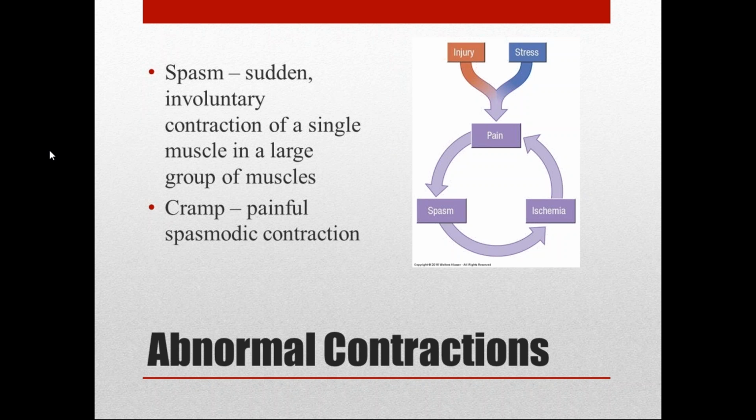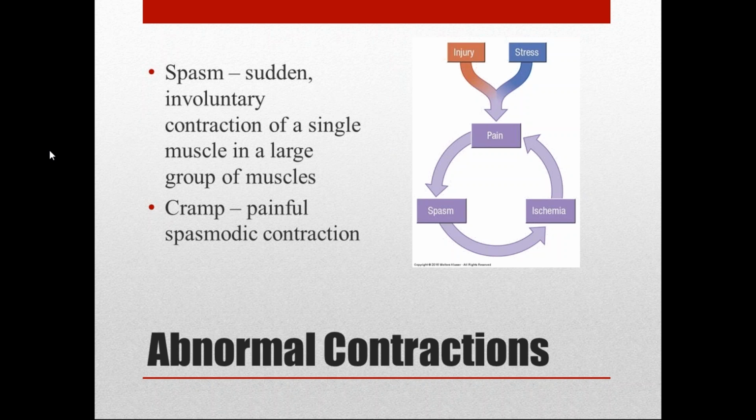So spasms and cramps, those two words are often used interchangeably by most people. Specifically, a spasm is a single muscle, and a cramp is the group that does the range of motion that it's spasming in. They usually happen in the calf, right?